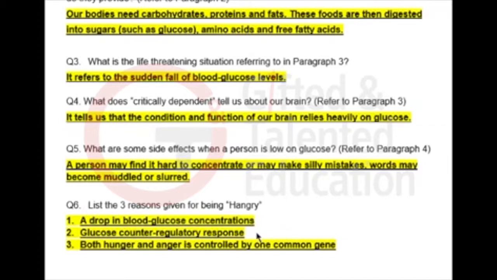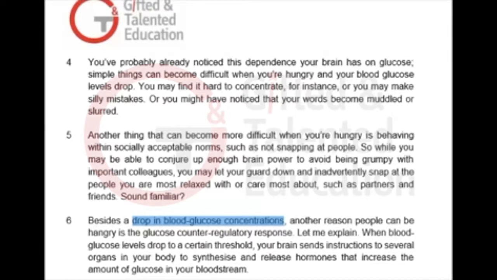How about the second reason? Let's go back to the same paragraph in paragraph 6. Here, another keyword presents itself. Another reason why people can be hangry is the glucose counter-regulatory response.